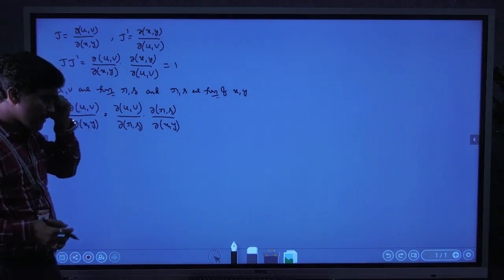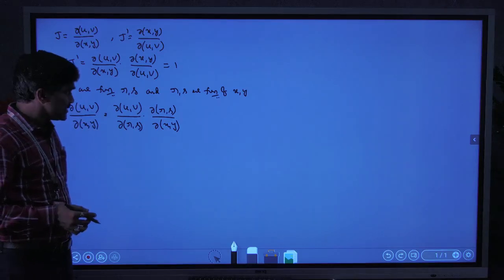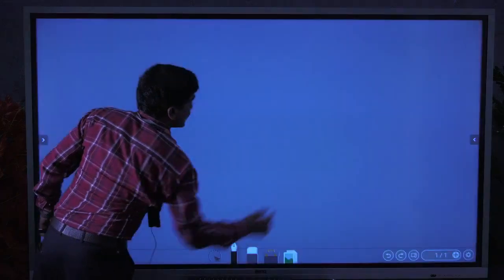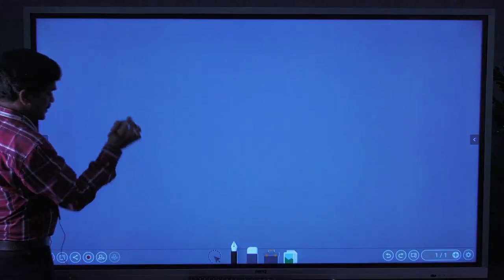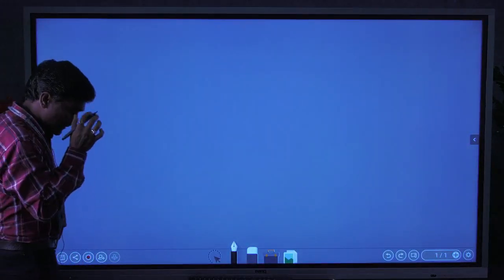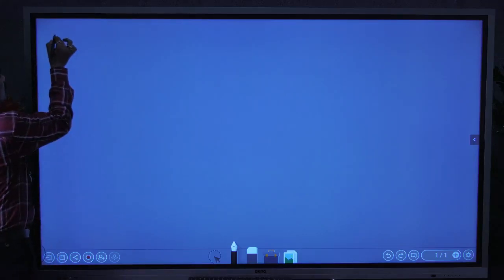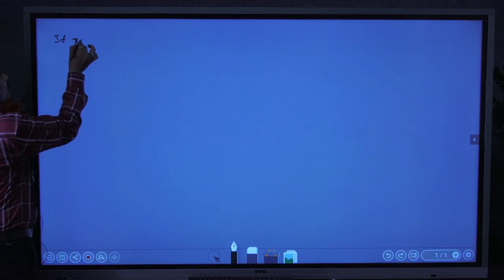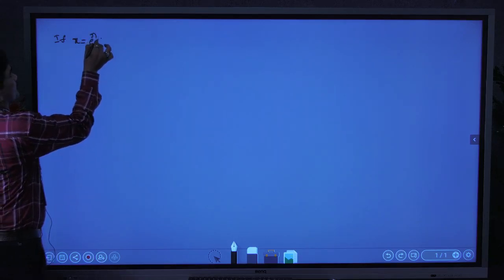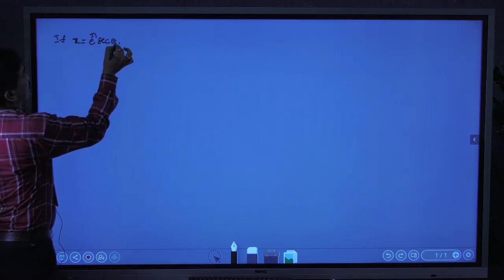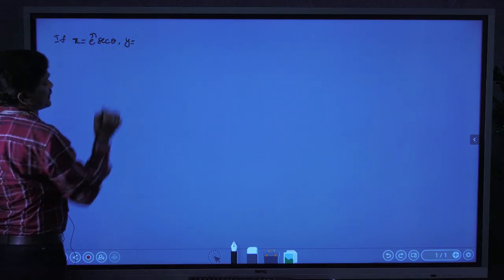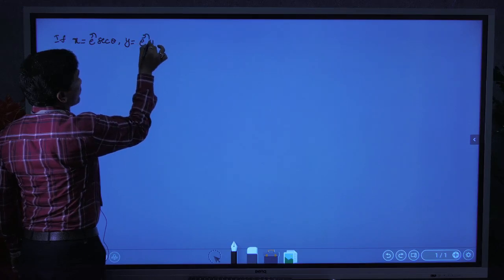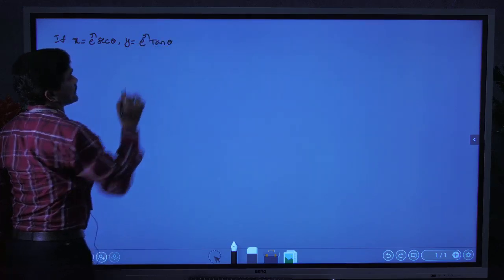Now take one example on properties. The first one is: if x is equal to e power r secant theta, y is equal to e power r tan theta.